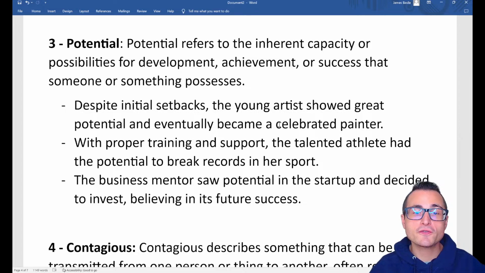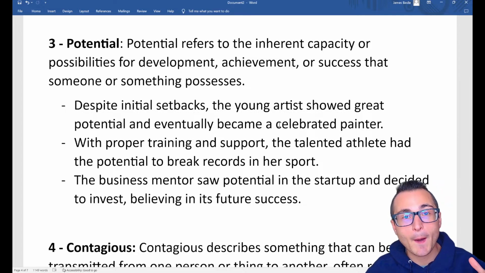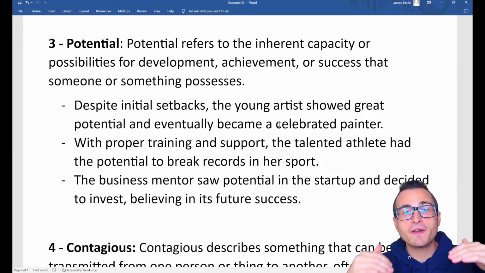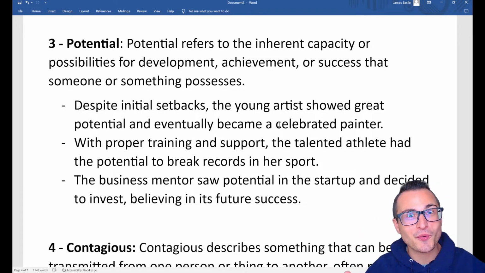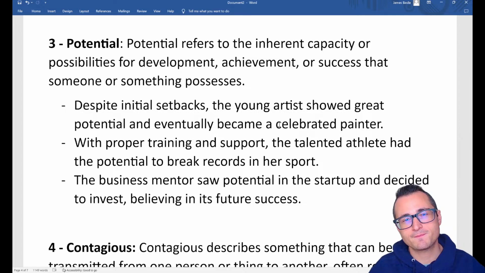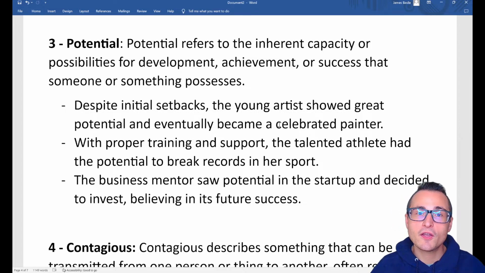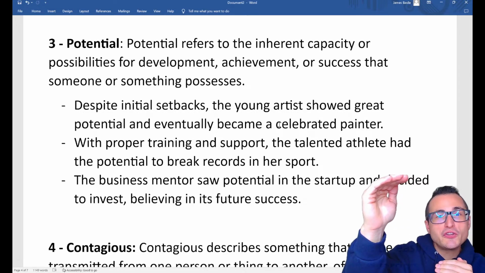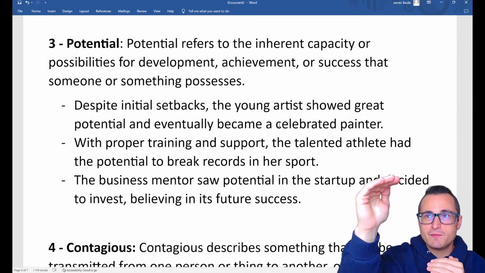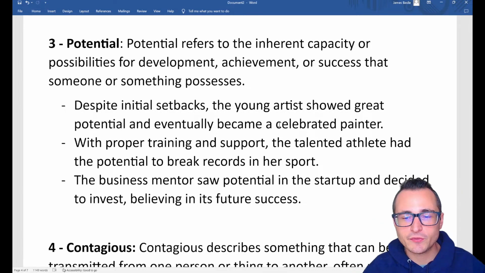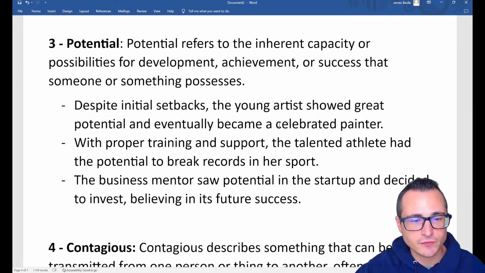Potential refers to the inherent capacity or possibilities for development, achievement, or success that someone or something possesses. So, potential is the good that you can reach, but you didn't reach it yet, maybe, right?